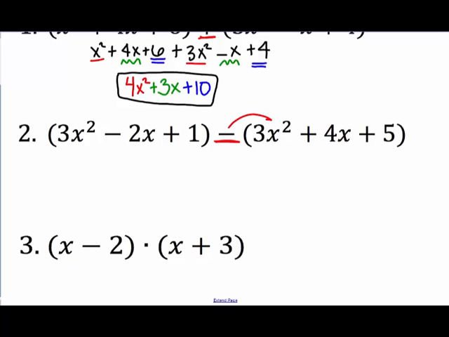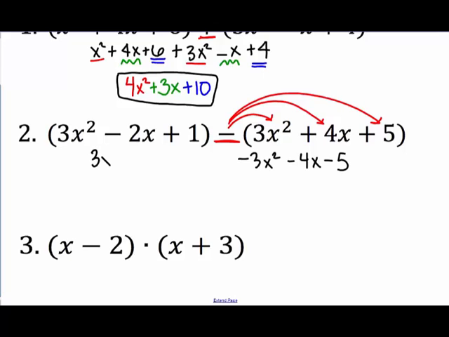So if I distribute it to every term in the quantity, I'm going to get a negative 3x squared, a negative 4x, and a negative 5. Now I can rewrite my first quantity without the parentheses, so I'm going to have 3x squared minus 2x plus 1.